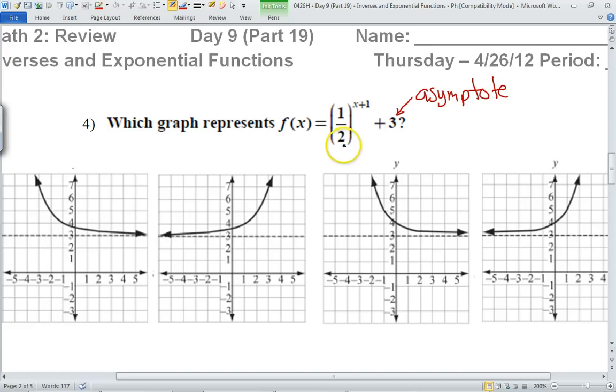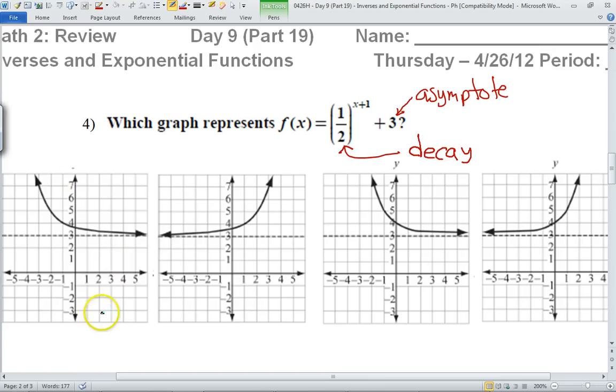So next we look at the B value here. With this B value of 1/2, is this going to be a growth function or a decay function? This is going to be a decay function since this B value is less than 1.